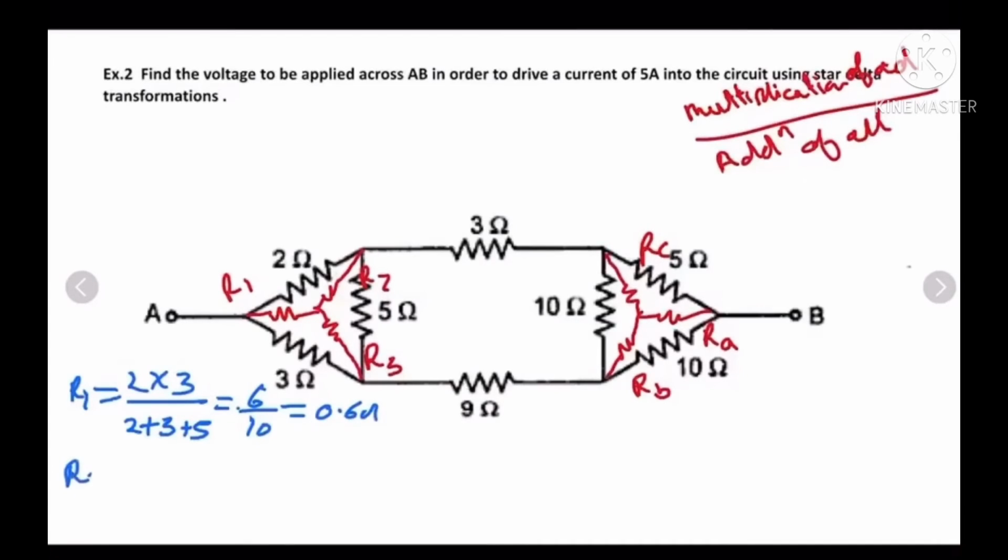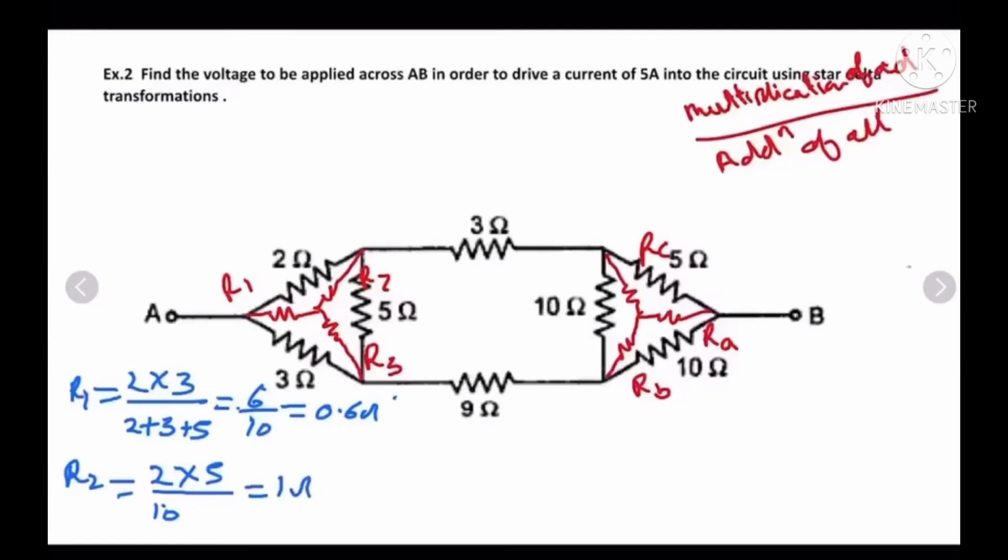Similarly, R2 is here and its adjacent elements are 2 and 5. So 2 into 5 divided by 10 is nothing but 1 ohm.